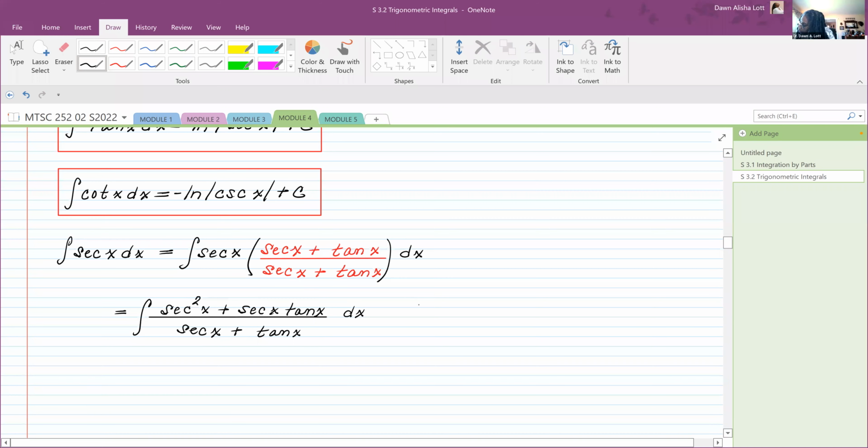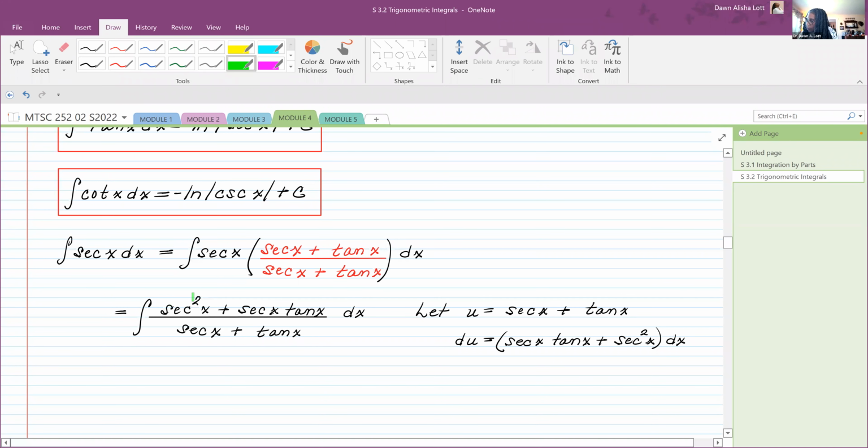So for this problem, I let u equal secant x plus tangent x. And then du is secant x tangent x plus secant squared x dx. And look how cool that is, guys.